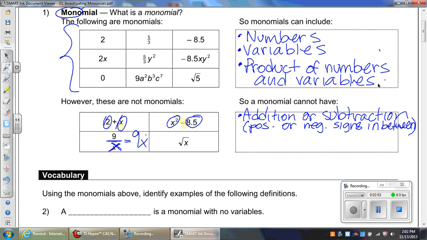To the negative 1. And so, because of that, this type of expression, when the variables are in the denominator, they're actually called rational expressions, and those are not monomials.